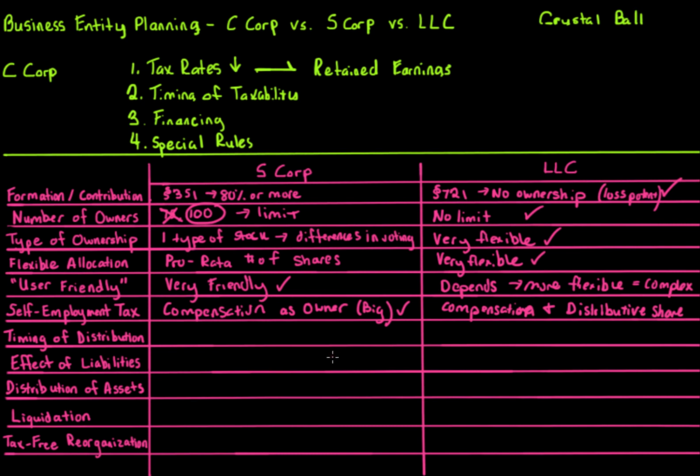Well, for an S corporation, all distributions are taken into account at year end, regardless of when they happen. And why does this matter? It's all about timing. Timing is my favorite topic in tax, and it's one of the most important aspects in tax. When you think of the distribution rules that apply to both S corps and LLCs, they're both very similar.